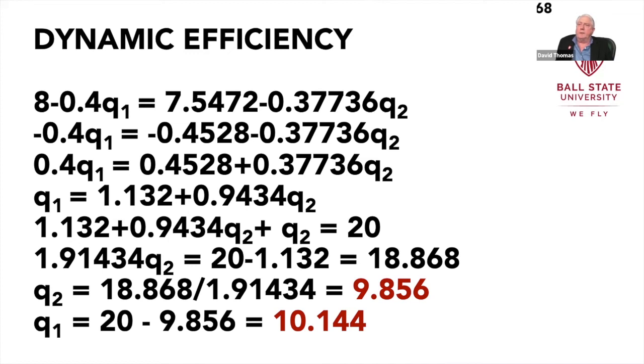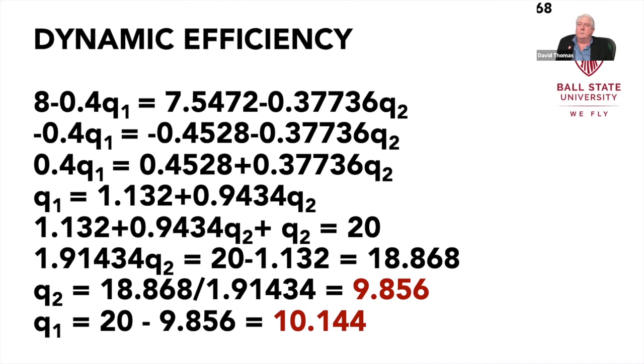First, we can combine these two Q2s. So remember, this Q2 is a 1 Q2, and this is a 0.9434 Q2. So that becomes 1.9434 Q2. And then we can subtract this 1.132 from the 20, and we get 18.868.